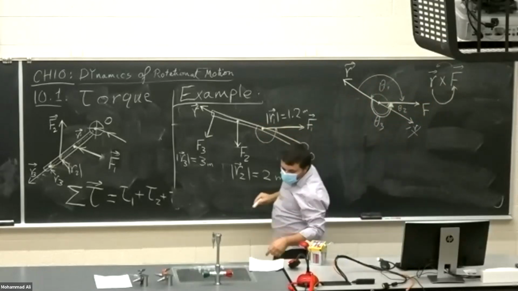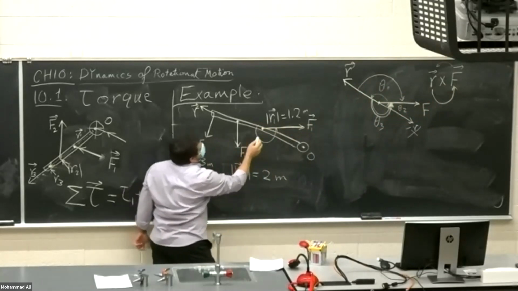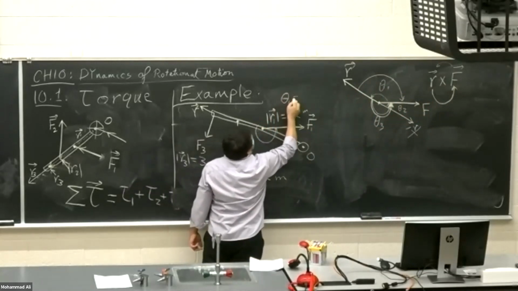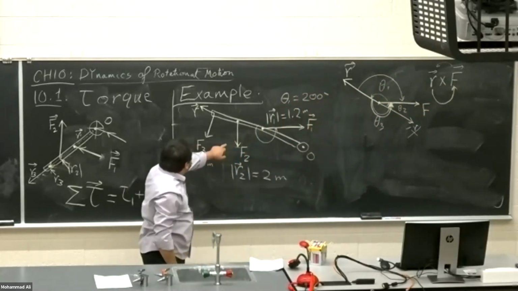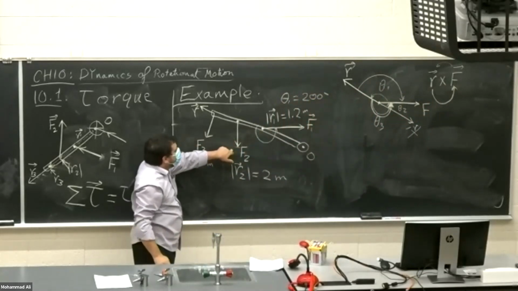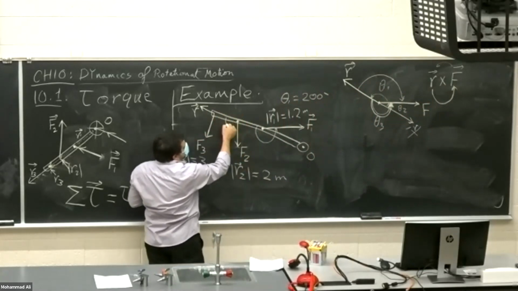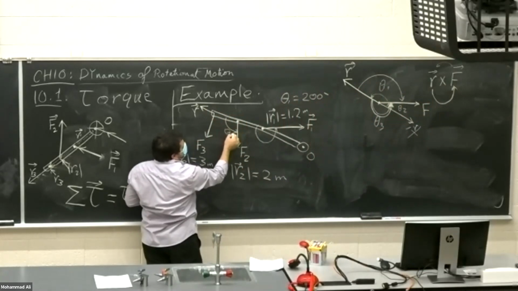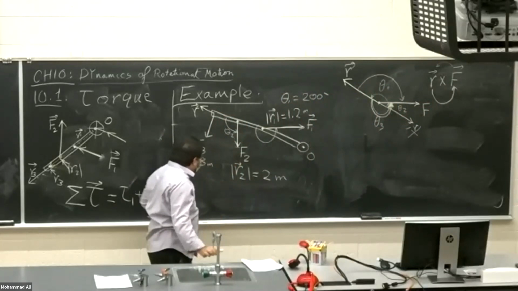Okay? So our angle theta 1 is this, and theta 1 is given, which is 200 degrees. What about theta 2 now? It is simple. Now, this is F2 and this is R. This is theta 2. It is given also. It is 100, I think.